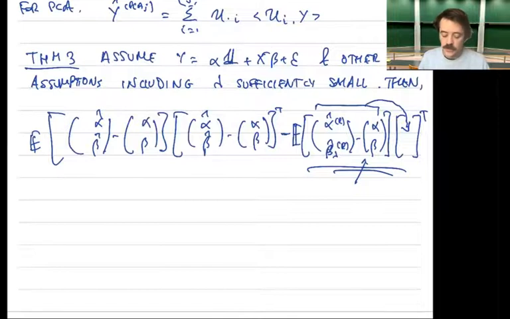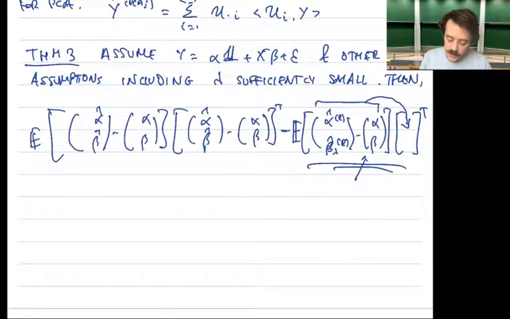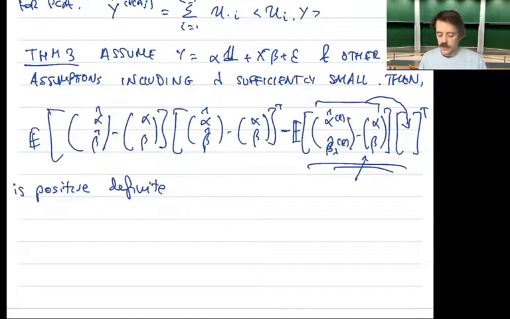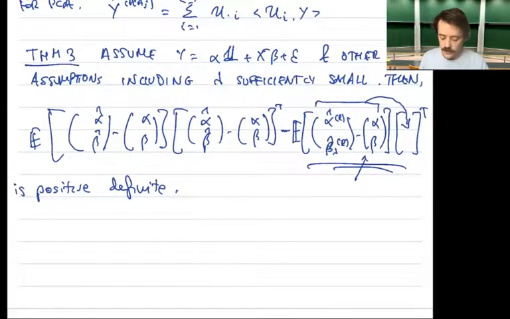If we take the difference of these two guys, then this is going to be positive definite. That's to say, this is saying that the first element is larger than the second element in a multidimensional sense.